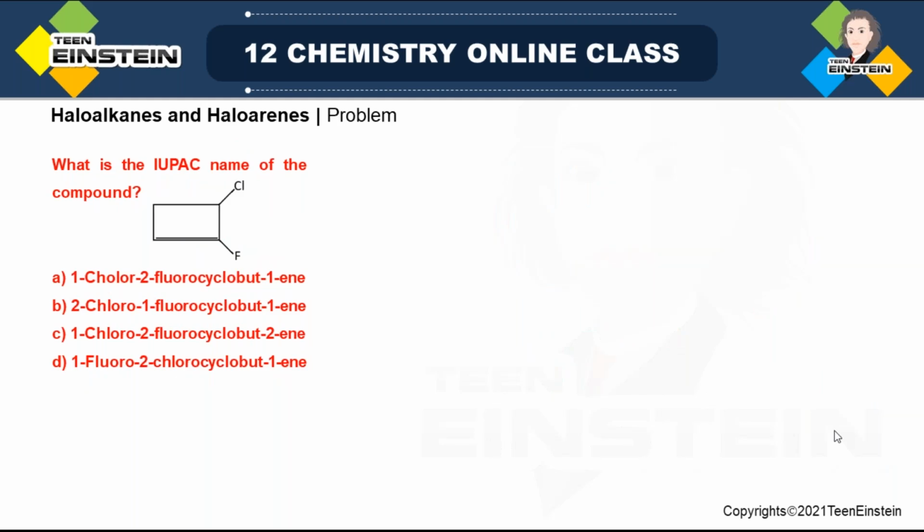Now we have a cyclic structure. There are 2 halogens, and very interestingly there is also a C=C double bond. You have to write the IUPAC name of the compound. It is a cyclobutane derivative, but it is not an alkane, it is an alkene. So better we say it is cyclobutene.